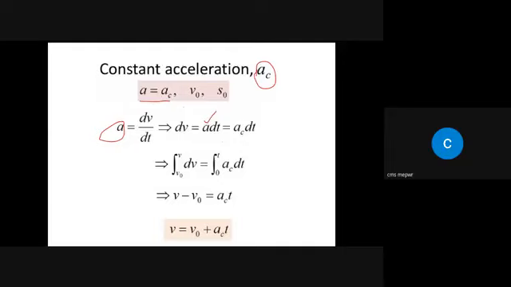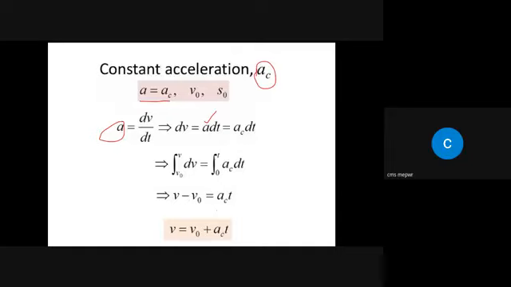This one will become v, with the limits v naught to v, and over here the acceleration is constant, so we can take it out of the integral, and the only thing left is dt. When you take the integral, this side becomes v minus v naught, and on this side we get a into t. So v minus v naught is equal to at.